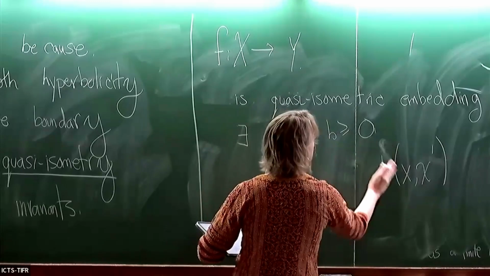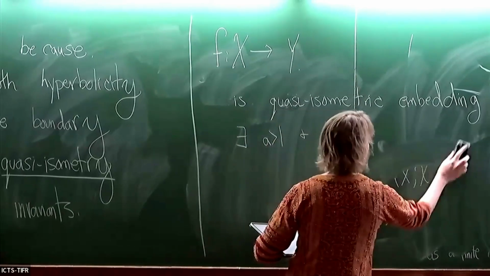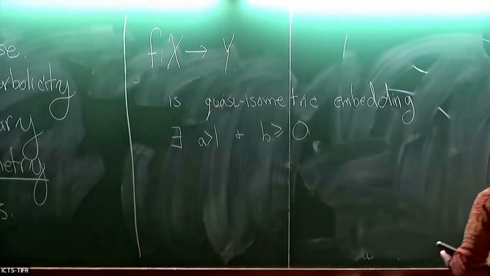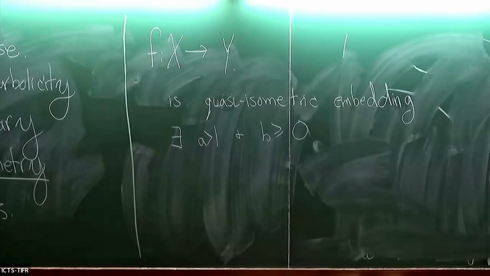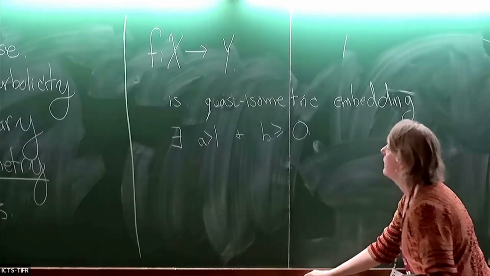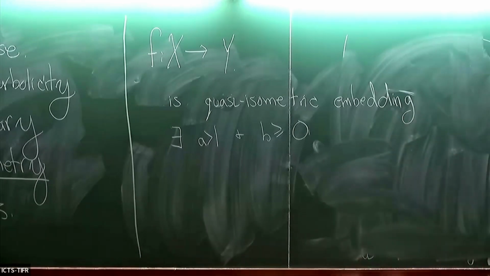Let me give myself some more space here. A quasi-isometry is just a coarse isometry.